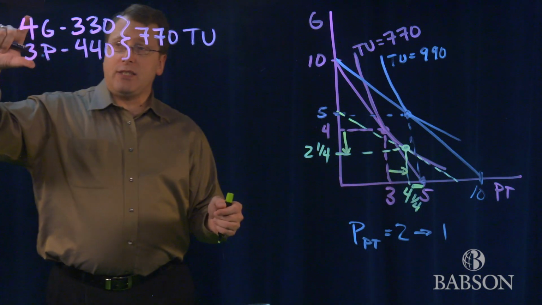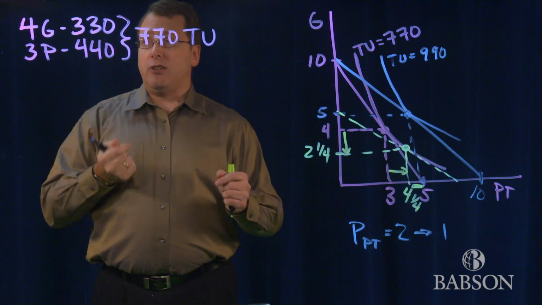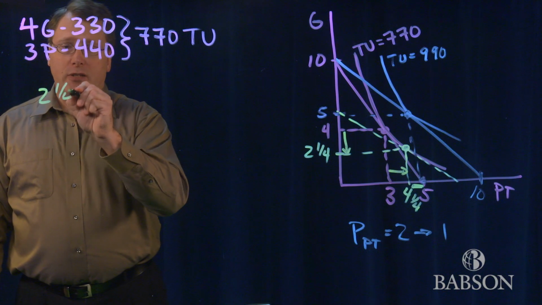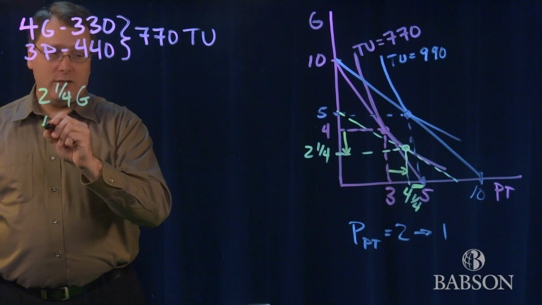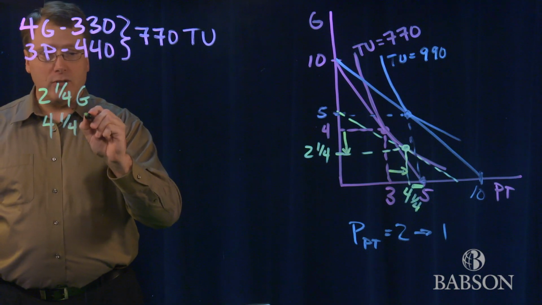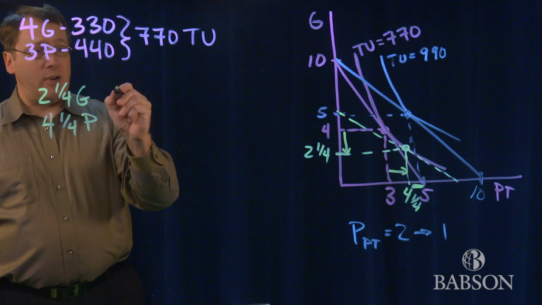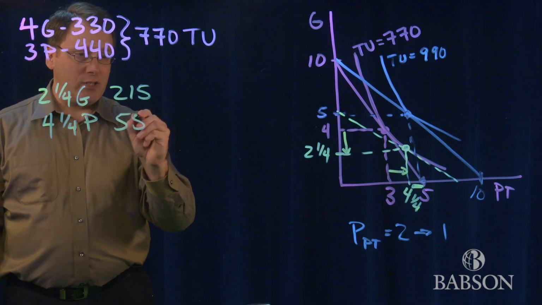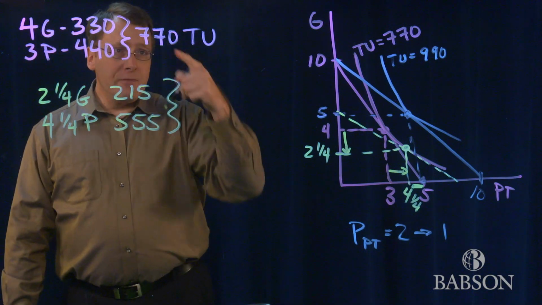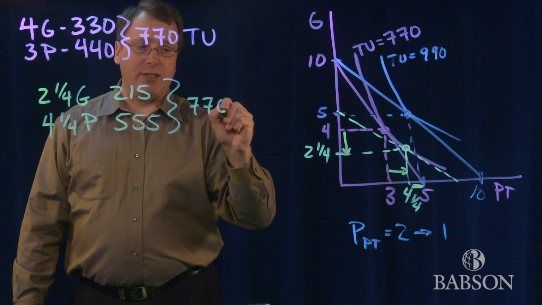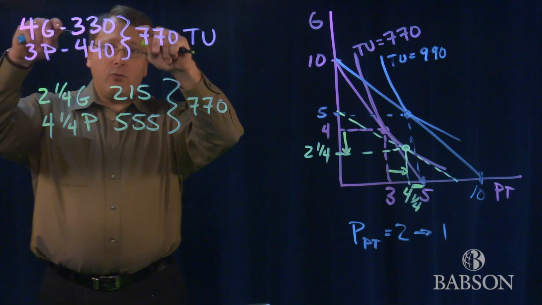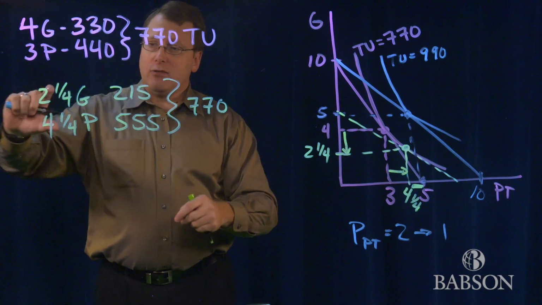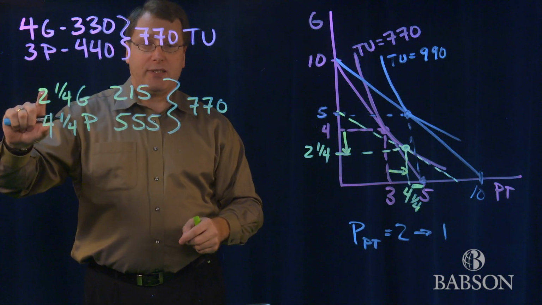So if we were to look at this original combination that we had of 4 and 3, and now we're at 2 1/4 granola and 4 1/4 Pop-Tarts. And remember, this was 215 units, and this was 555. This gave me that same 770. So what this does is it holds total utility constant, and yet looks at now the new relative prices.